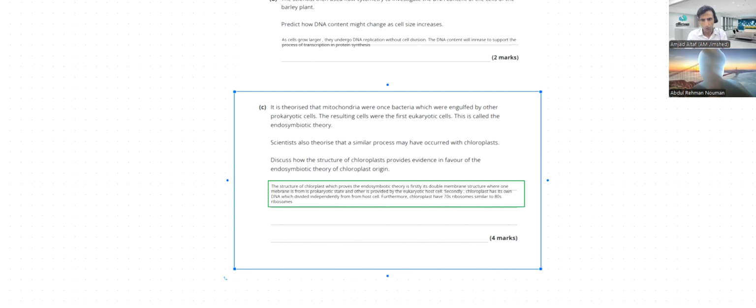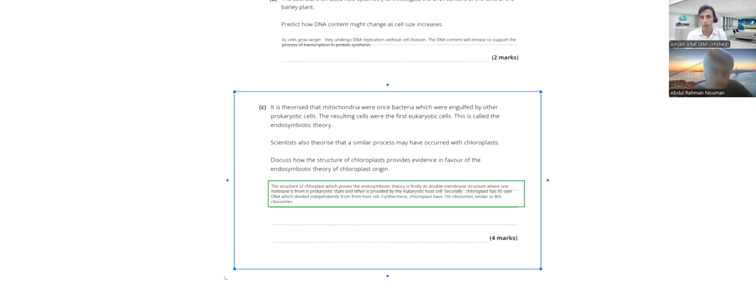What is the fourth point? I know 3 points, but what is the fourth one? Chloroplasts have their own circular DNA like prokaryotes, I have written this. And they have 70S ribosomes, same as bacteria, for protein synthesis. They have the double membrane, consistent with engulfing by endocytosis, and they can replicate independently.